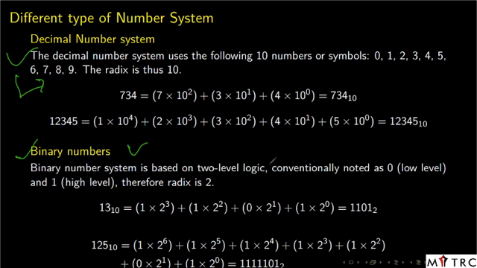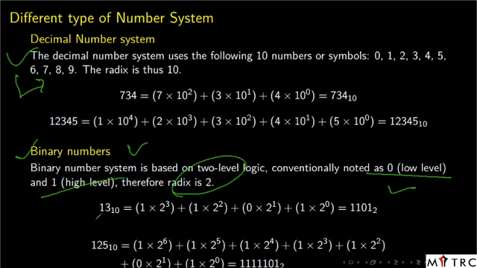Binary numbers are based on two-level logic, conventionally noted as 0 and 1. Low level means 0, basically represented by lower voltage, although it is not always true. We use positive logic, with a low level and a high level. In most circuits, 1 is represented by a high level voltage, and we use only two symbols, therefore the radix is 2.